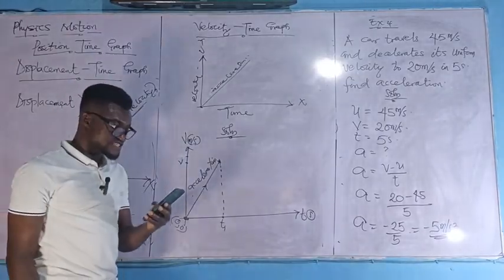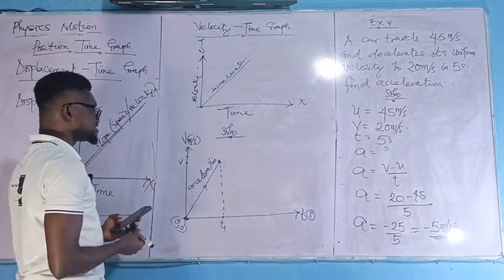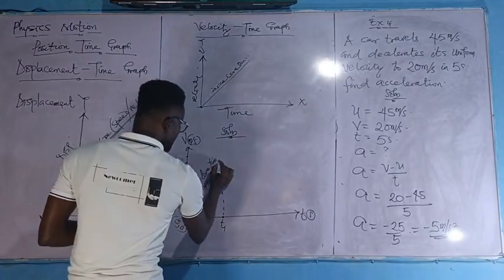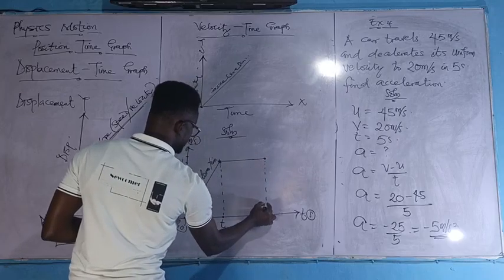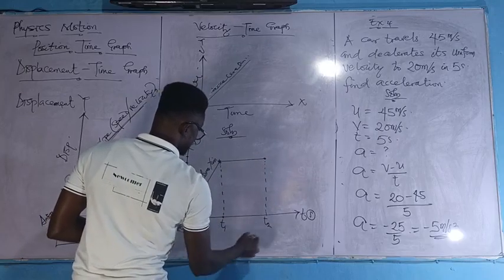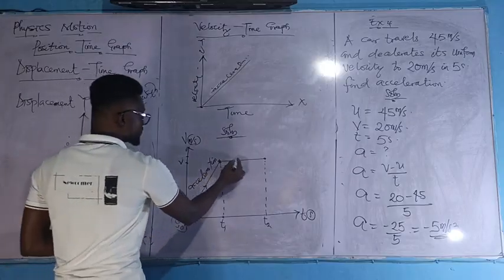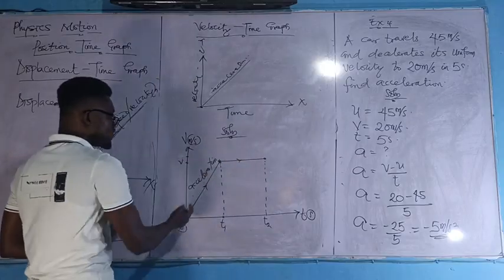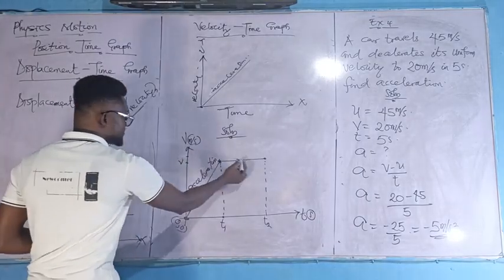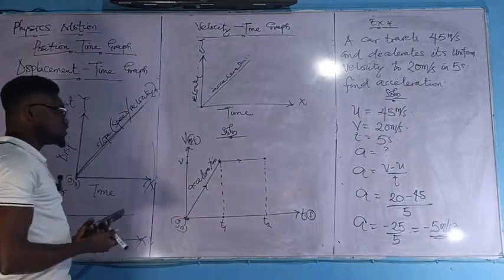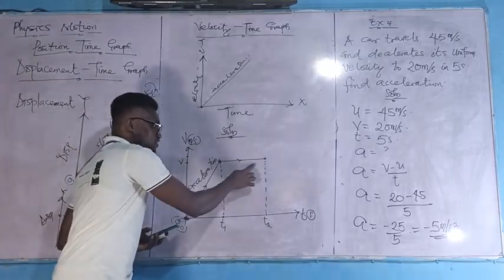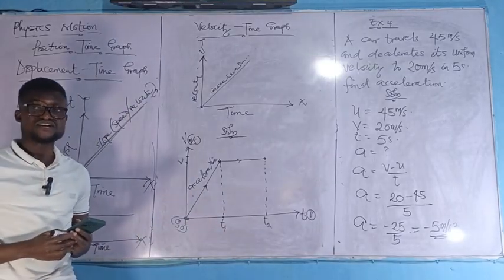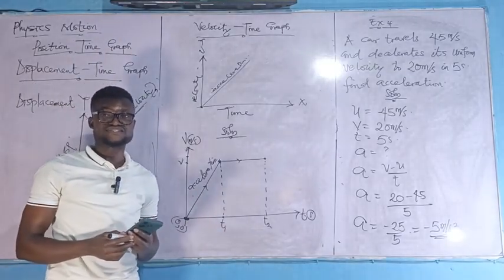It then moves with this velocity for time t2. There is no change in velocity, so we don't have acceleration here, because acceleration is the change in velocity with time.